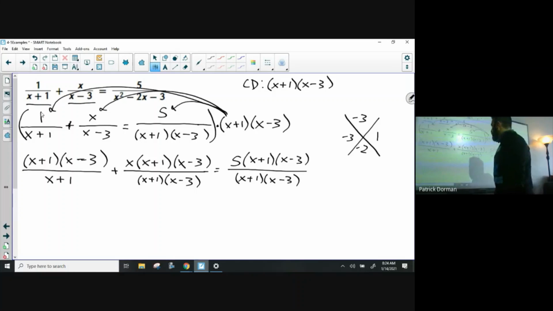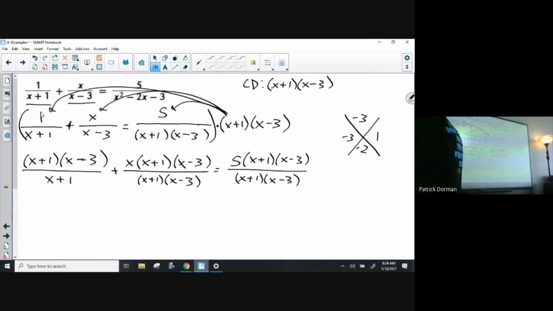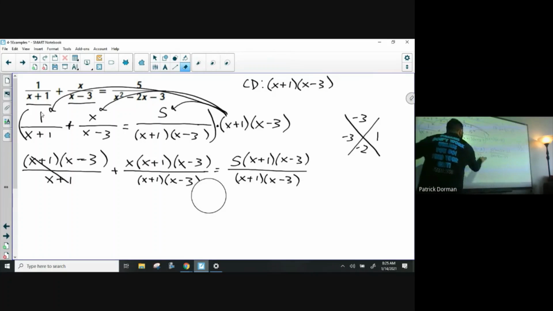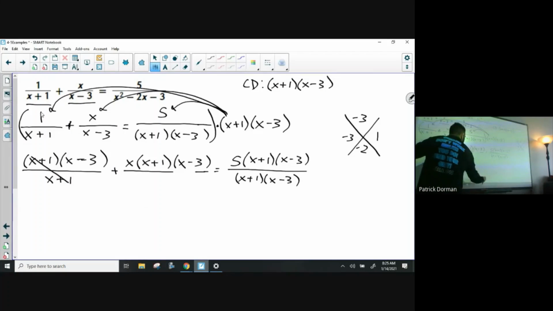Now, after you see these a few times, you might see a pattern that starts to form, right? These cancel. Dang it, I did it again. I get all carried away with writing that. Sorry, this is an x minus 3 only. Good grief.